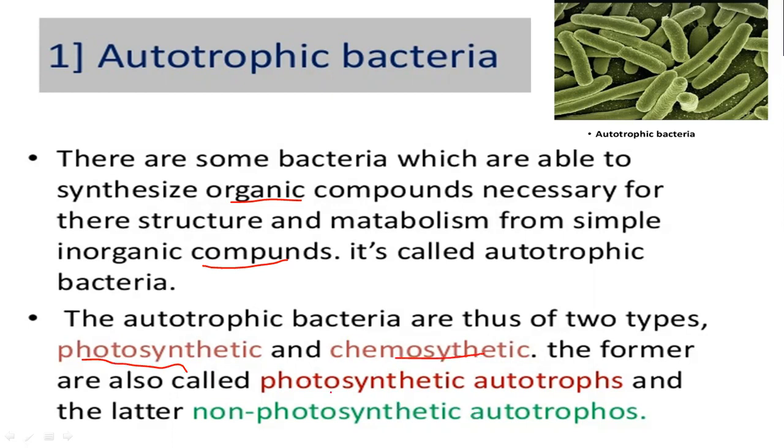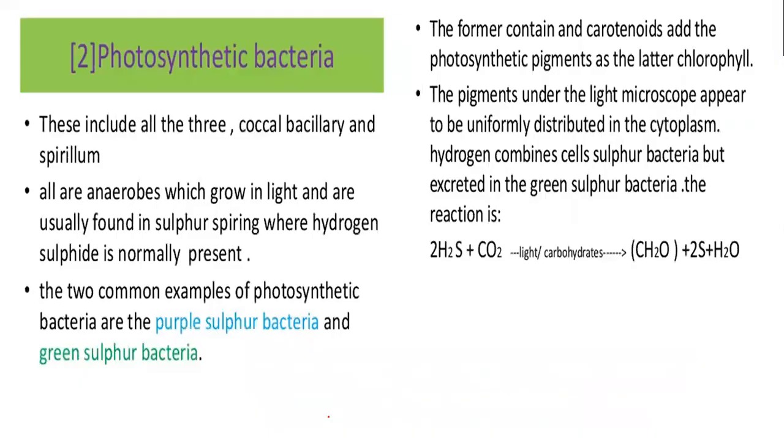Photosynthetic bacteria can also be said to be photosynthetic autotrophs, and chemosynthetic bacteria can also be said to be non-photosynthetic autotrophs or chemoautotrophic bacteria. Photosynthetic bacteria include all three coccal, bacillary, and spiral species of bacteria.